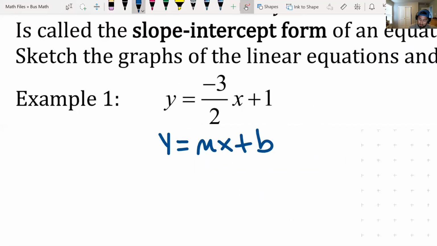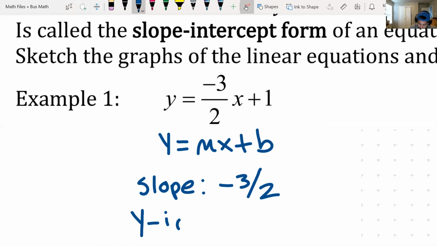Which means that if you relate it to the slope-intercept form, we're going to get that the slope is -3/2, and the y-intercept, which is your b value, is 1, which we can put as (0, 1). Now let's go ahead and graph using just the slope and the y-intercept.